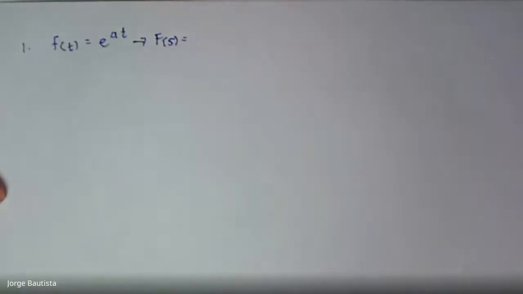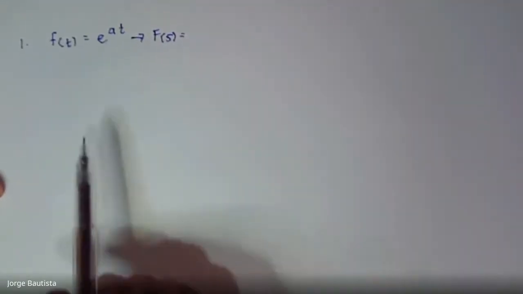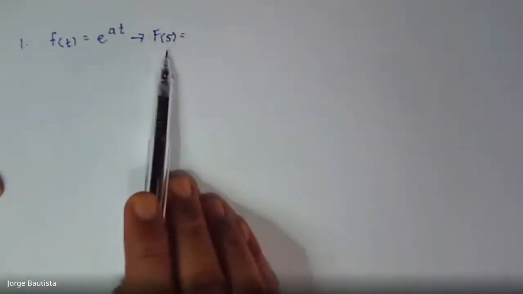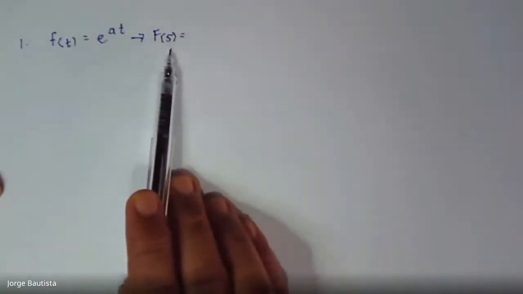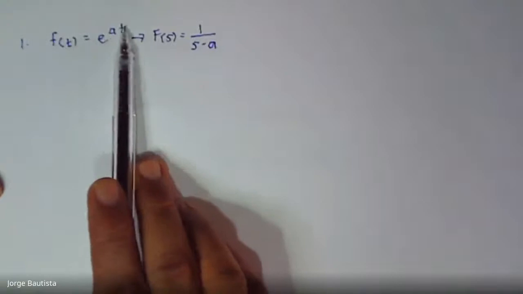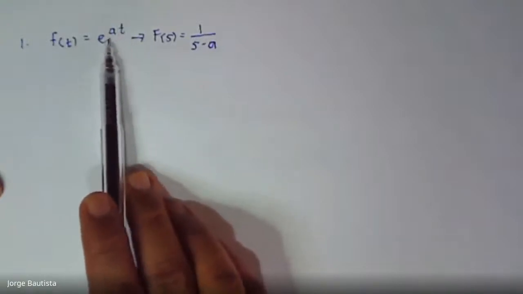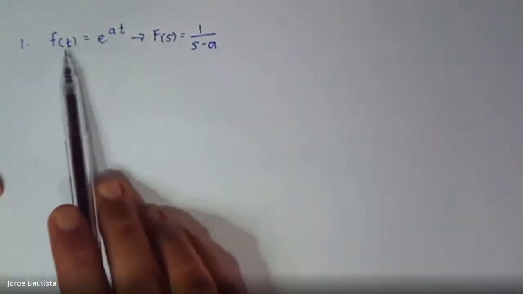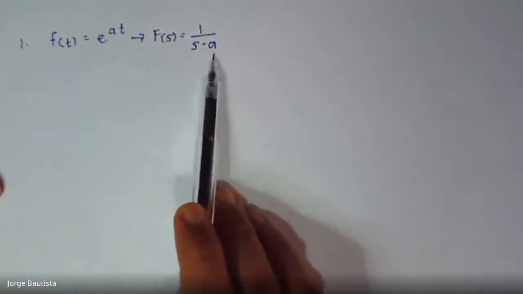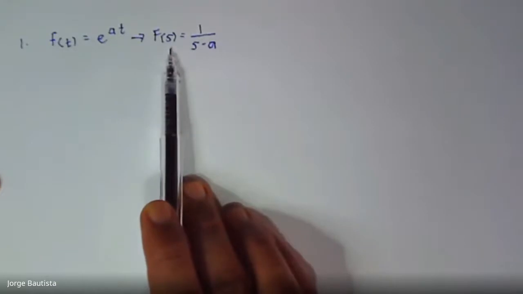Now, ano ba ang ginagawa natin sa Laplace transform? Time domain siya muna, then you try to convert that to frequency domain. Okay, and this one is 1 over, you have s minus a. No? As you can see, if your exponent is positive at in the time domain, it will become negative a in the frequency domain. Okay?